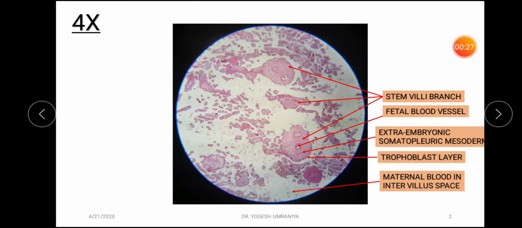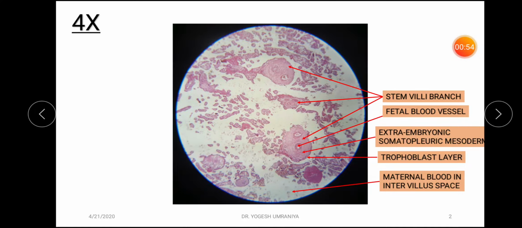So this is the microscopic image taken under the 4x lens. Now in this image you can identify the villi. In this slide you can see the various sizes of the chorionic villi. You can see this one, this is the second, third, and this one is the fourth.